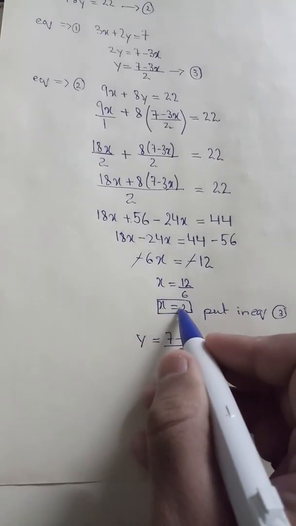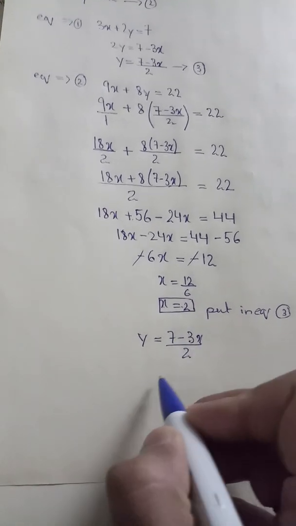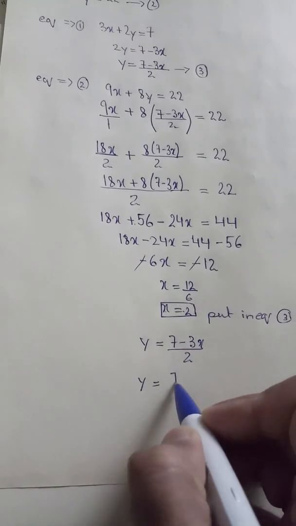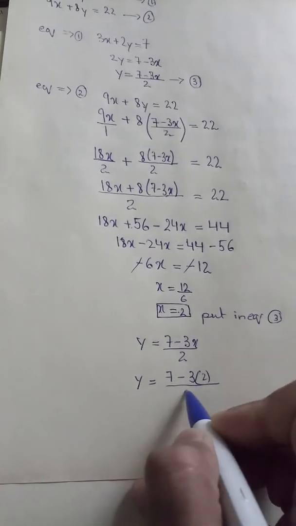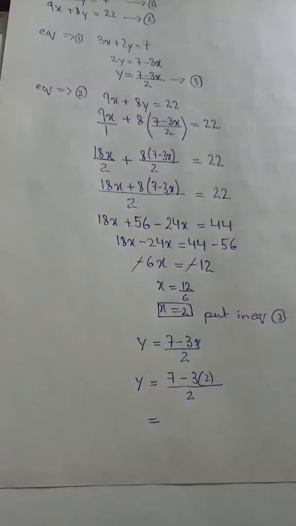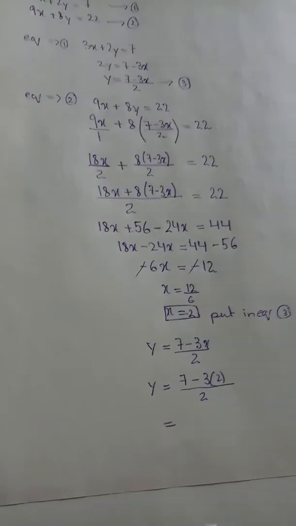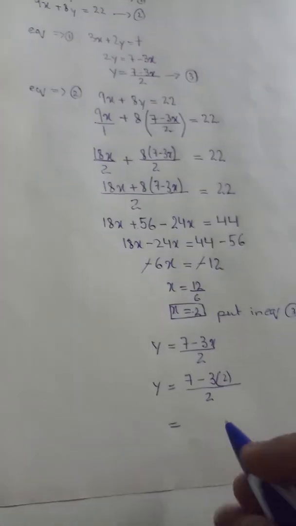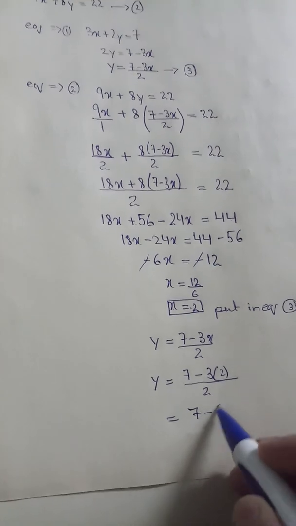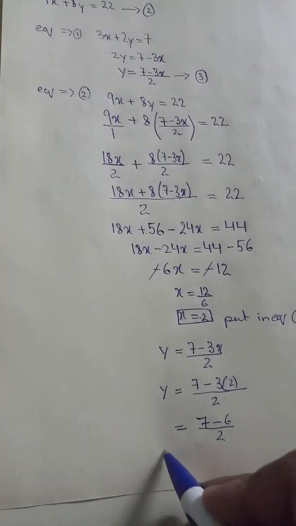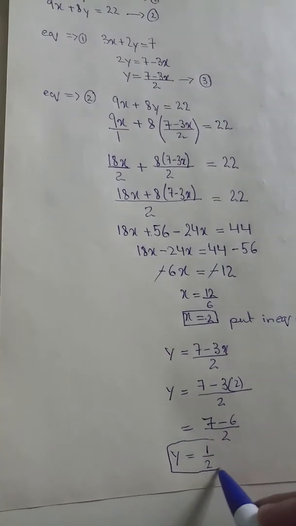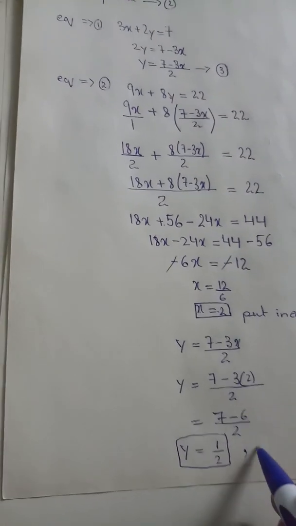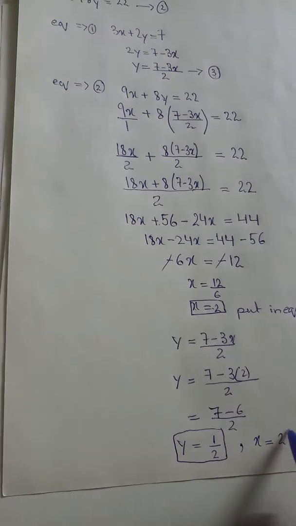Since my x equals 2, I will put the value of x over here. y equals 7 minus 3 times 2 in brackets, and this 3 and this 2 will become 6. 7 minus 6 upon 2, and the value of y finally is 1 upon 2. My y is 1 upon 2 and my x is 2.